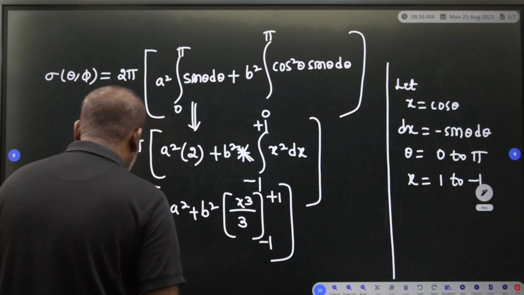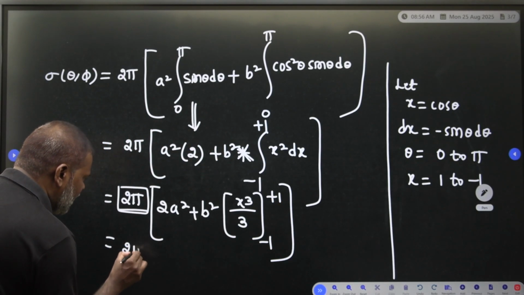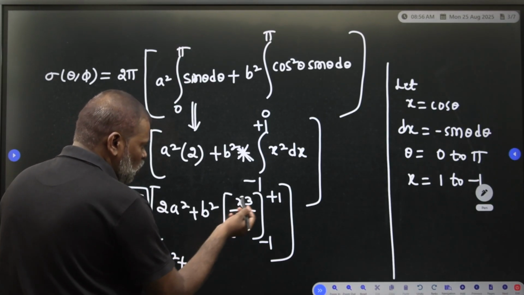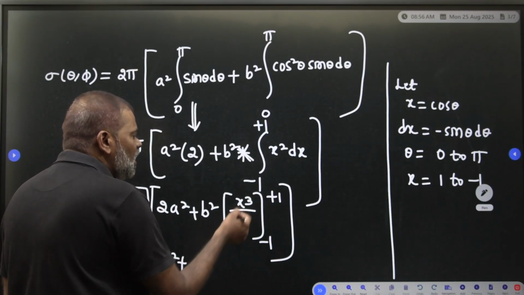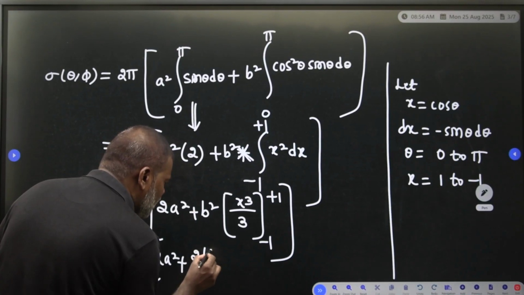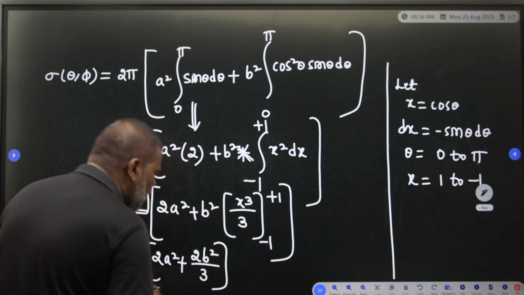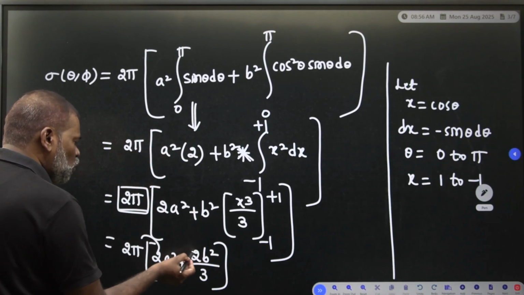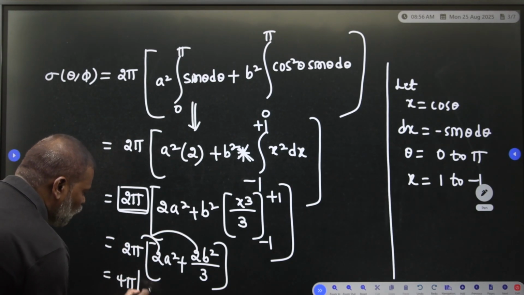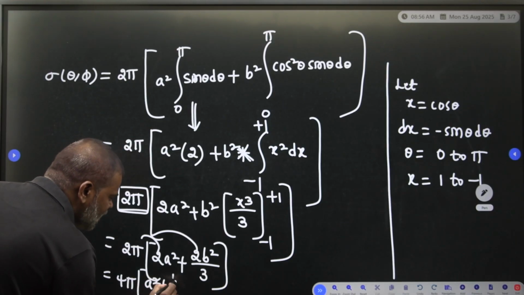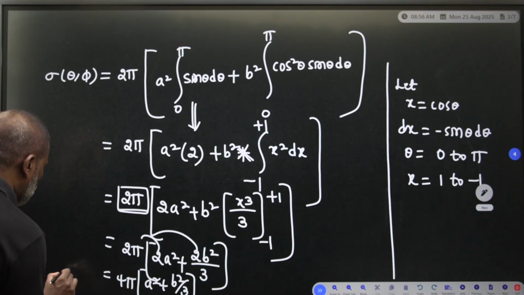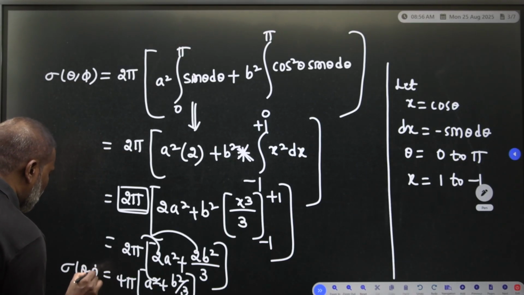So first you apply the limits: 1 by 3 minus (minus 1 by 3), and 2b square divided by 3 you are going to get. So 2 you take outside, you are going to get 45 into (a square plus b square) by 3, which is equal to sigma of theta comma phi.